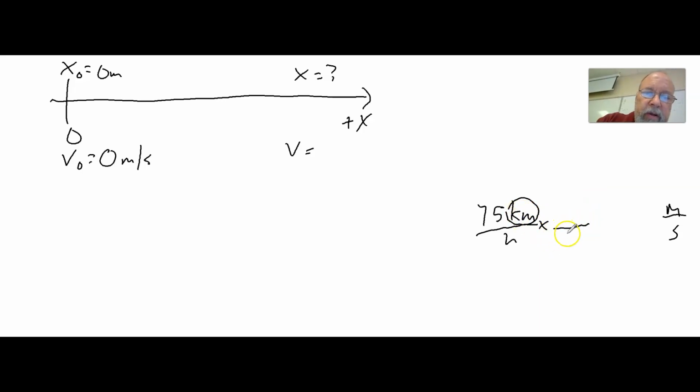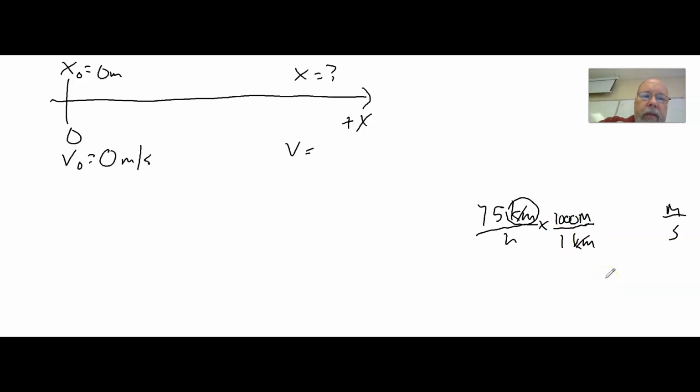I want to get rid of kilometers, so in order to get rid of kilometers, I put it on the opposite side of the dividing line, and that way it'll cancel out, right? Kilometers cancels kilometers. And then I want to add in the unit I want to create. I want to create meters, and I know I have a conversion between meters and kilometers. So I can say 1 kilometer is 1,000 meters.